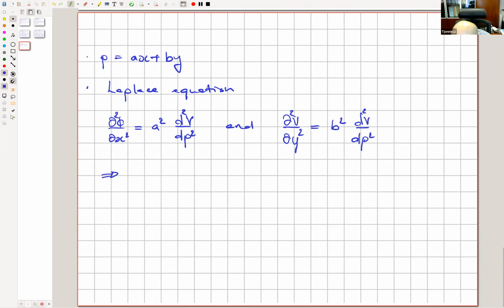And then ultimately, I can write a squared plus b squared, times d phi dp squared, equals 0.